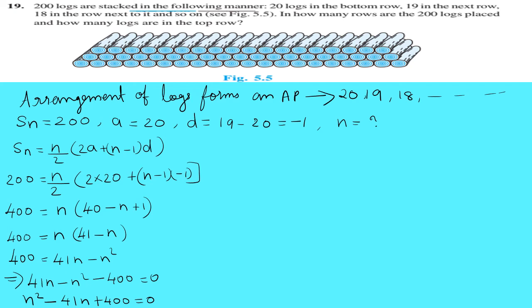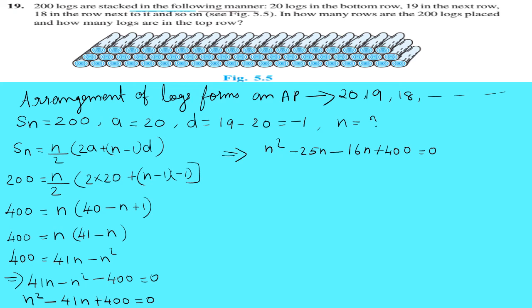Now splitting the middle term, you can get the values of n. You have to find two numbers whose sum is minus 41 and the product is 400. That is minus 25 and minus 16. So you can write it as n square minus 25n minus 16n plus 400 equal to 0.